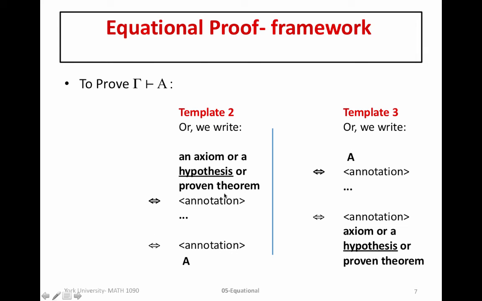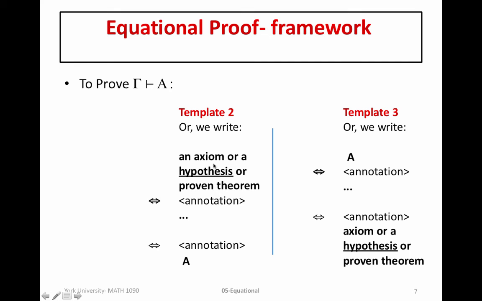Finally, if we do have some non-empty assumptions, some gamma, this simply means that we can use anything that gamma proves. So we could use an axiom or a hypothesis, something in gamma, or a proven theorem. Gamma will prove any of those things.